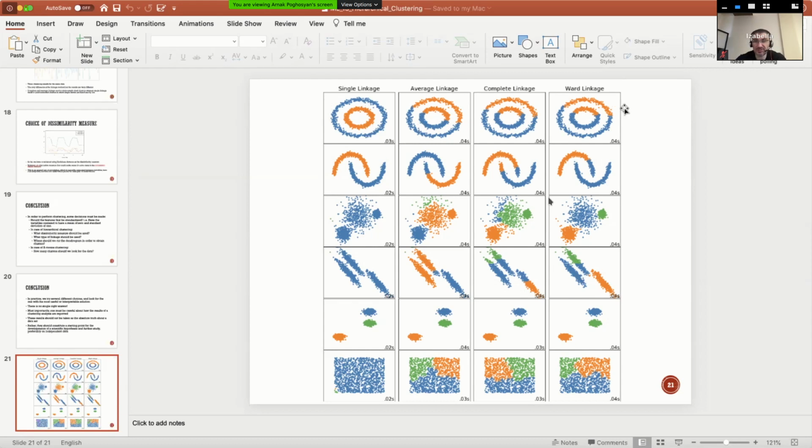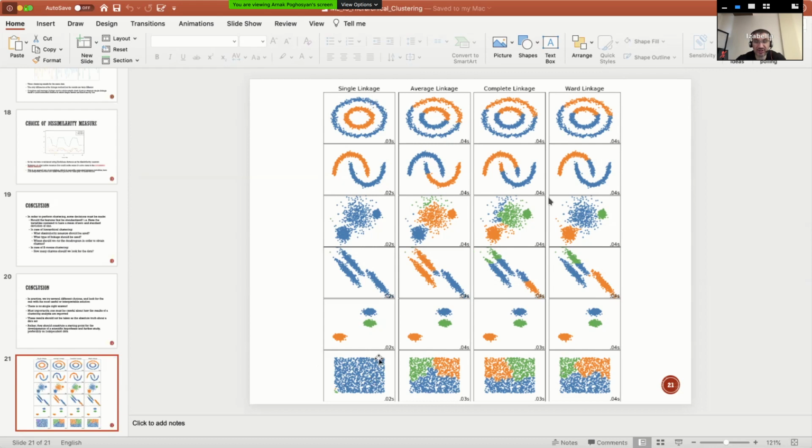Some circles, some blobs, transformed blobs with the same or different standard deviations, then just one very big set of random points.